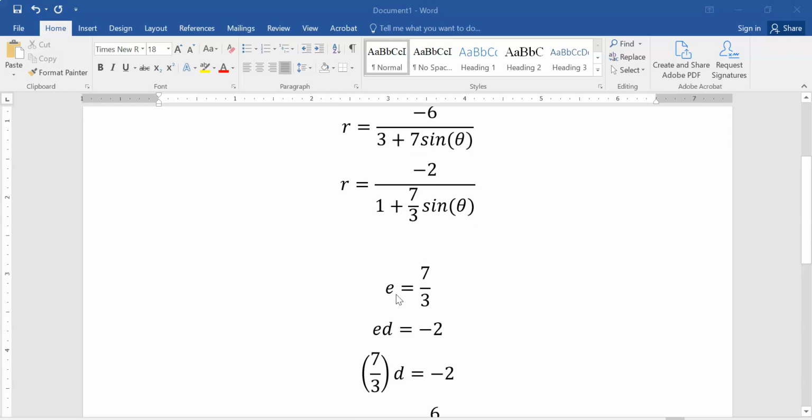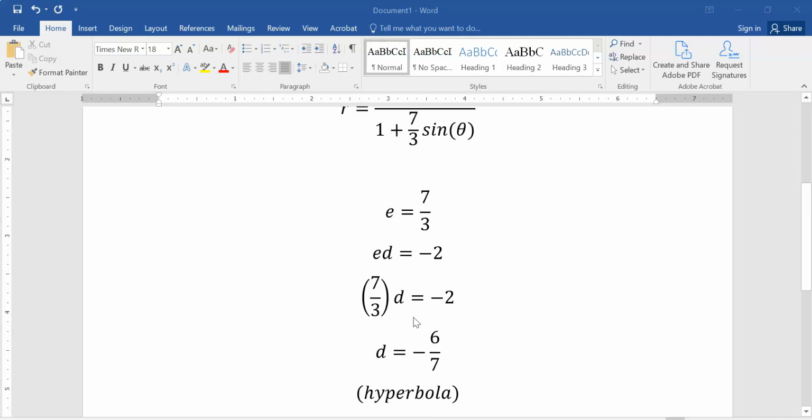That means the eccentricity is 7/3, the coefficient of sine there. E times d has to be equal to -2. And since E is 7/3, that means the distance from the focus to the directrix has to be -6/7. Just multiply both sides by 3/7.